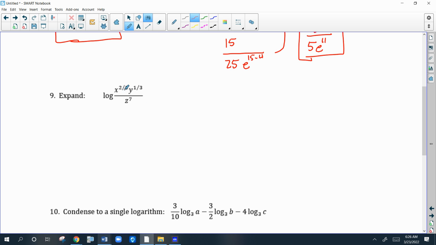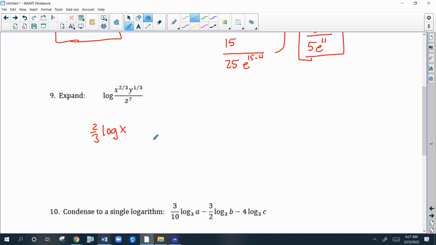So let's deal with this x first. It's up top, so it's going to be positive log of x. But its exponent should be now written in front for the expansion, so it's 2/3 log of x. We're done with the x part.